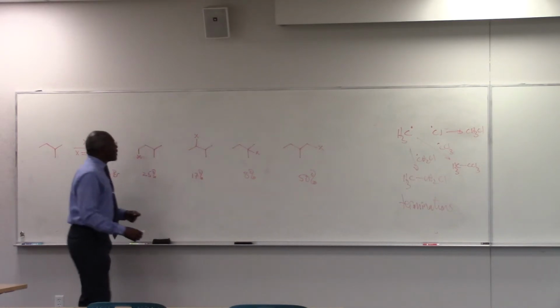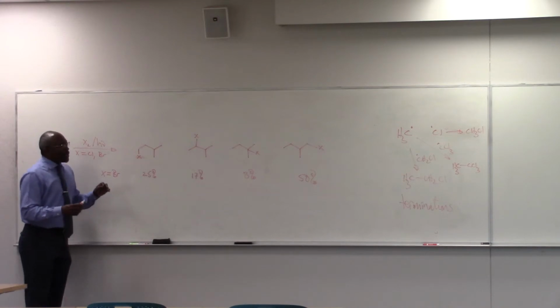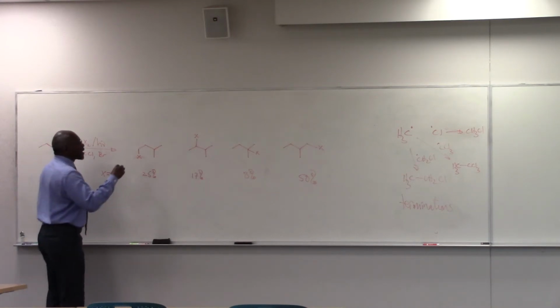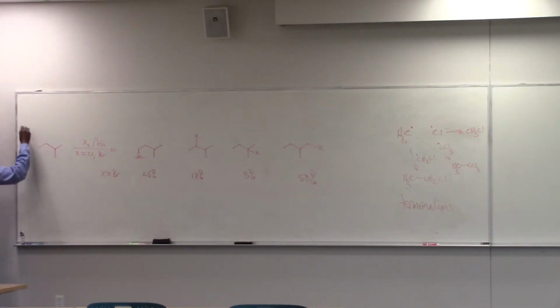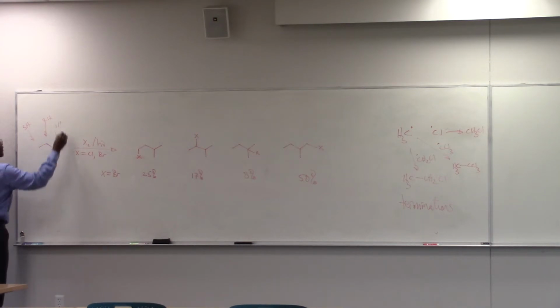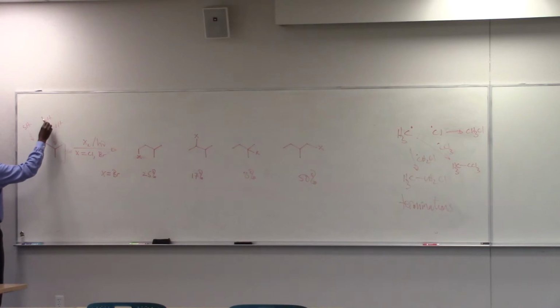Okay. So if you look at it, in all, I have 3 H's here, 2 H's here, 1 H here, and then these are equivalent. These are equivalent, and that's 6 H's. So 6, 7, 9, 12. So statistically, what I should get is 3 over 12.